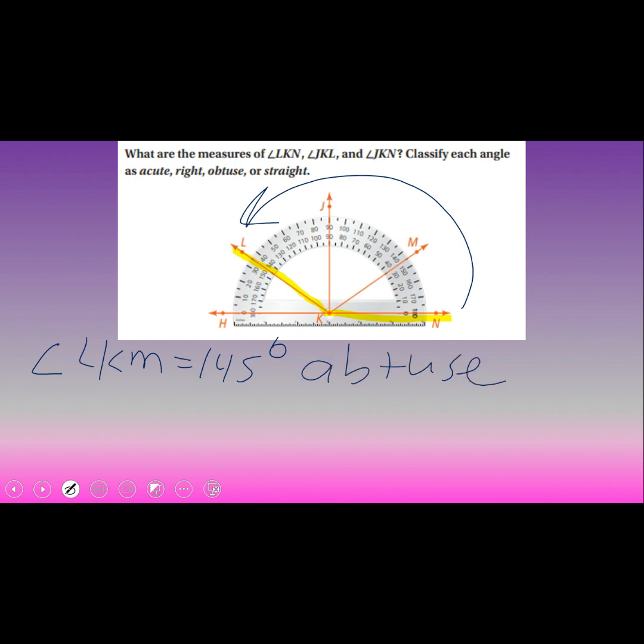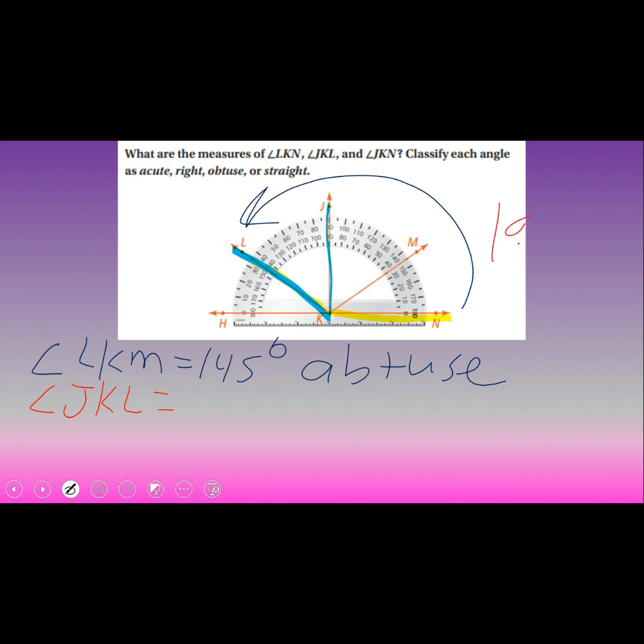Okay. Next measurement. It says JKL. So JKL is that measurement I highlighted in blue. So angle JKL. It starts at 90.